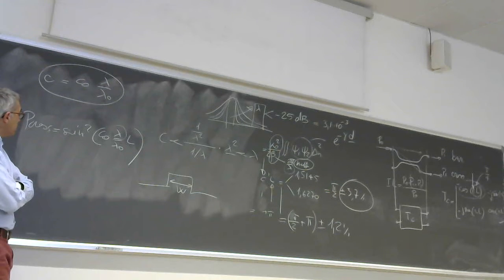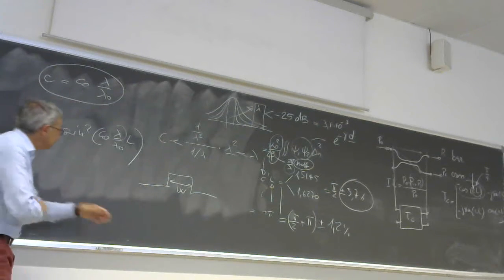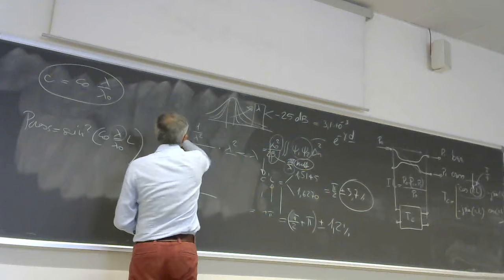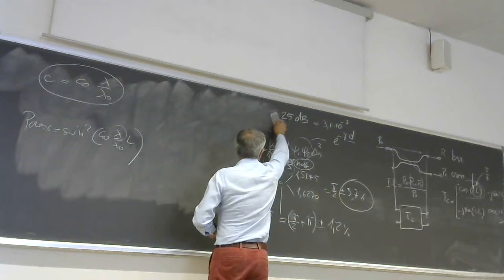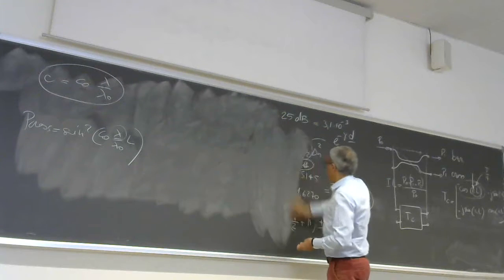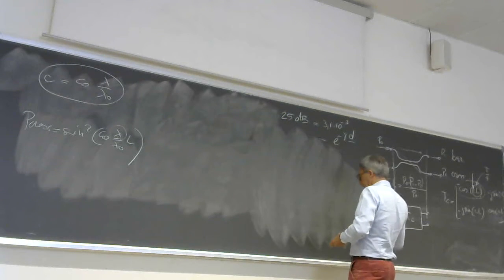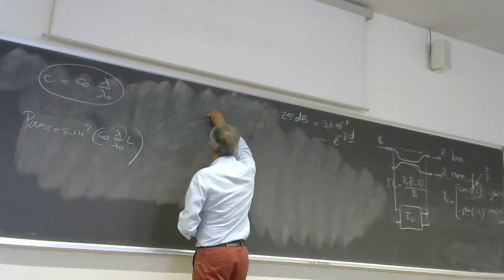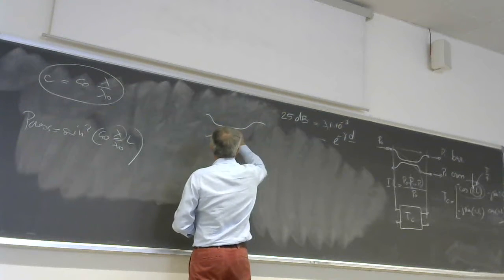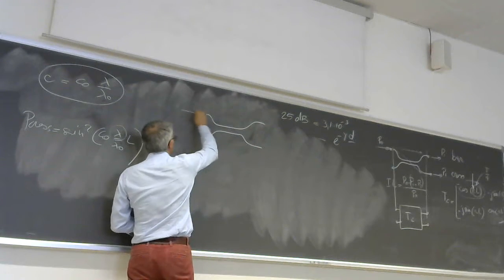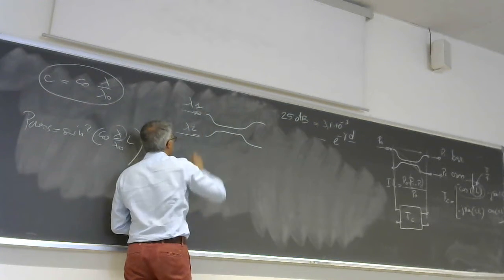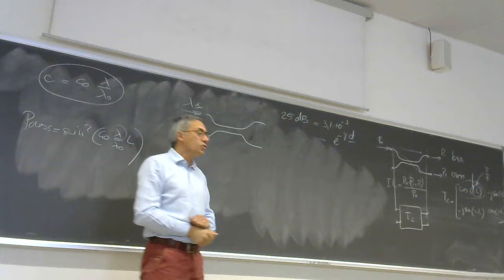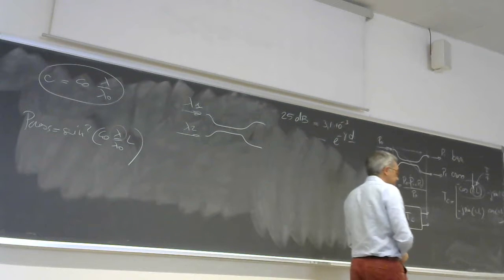As an example, assume you want to enter here with lambda 1 and you want to enter here with lambda 2, two signals with two different wavelengths.